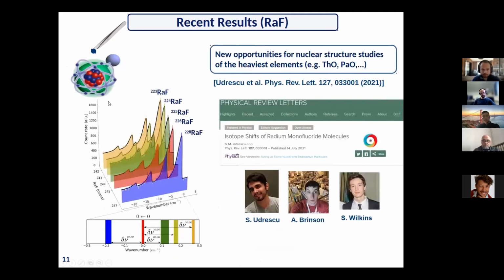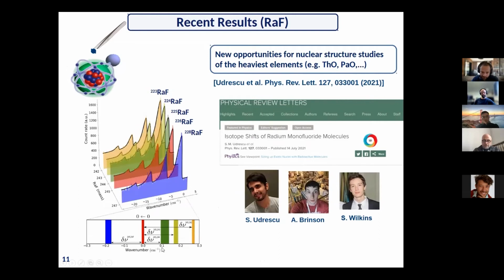So this is one example of this work. Now we add neutrons into radium, and we can see effects even at this low precision. It was a good surprise for us that we were very sensitive to the isotope shifts, to the changes of the nuclear size of radium. It might be obvious now, but that was not obvious at that point for us.